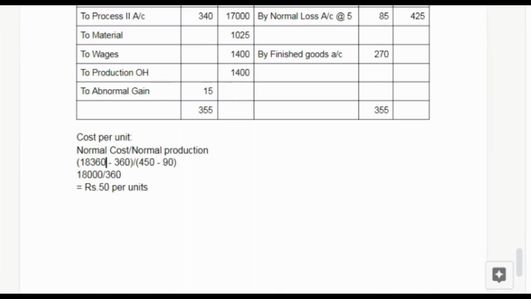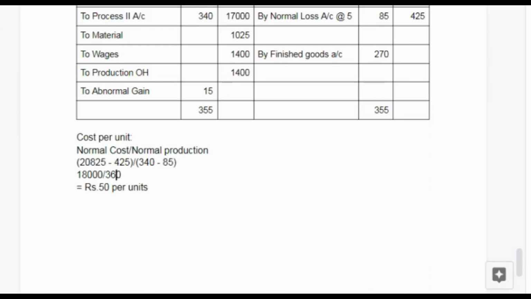So here you just make the total on your calculator. 17,000 plus 1,025 plus 1,400 plus 1,400. What is the amount? Do the total and tell me. 17,000 plus 1,025 plus 1,400 plus 1,400 is 20,825. 20,825, and minus the realization value of the normal loss, that is 425, divided by 340 minus 85.